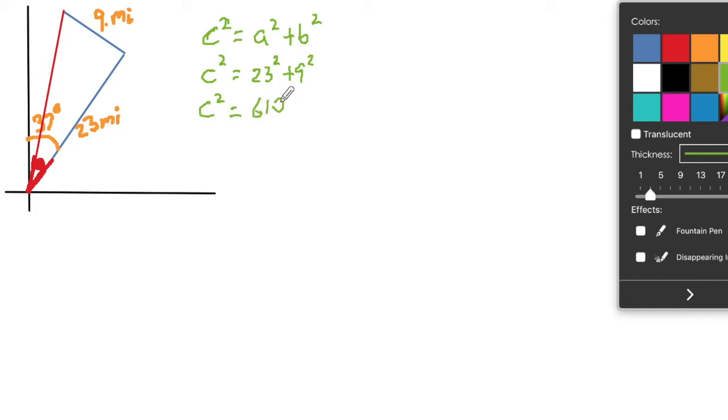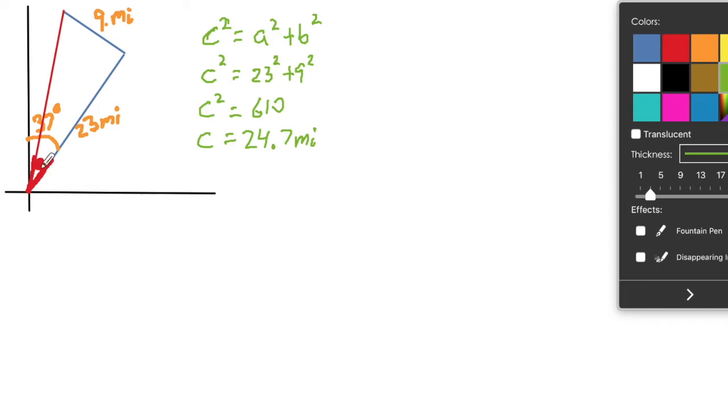And therefore, when we square root both sides and type it in our calculator, we're going to get the square root of 610, which is about 24.7 miles. So the first officer had to get in that little boat and travel for 24.7 miles to get to the carrier.